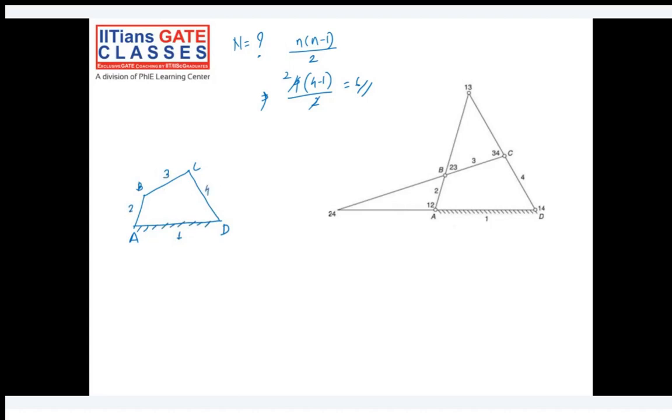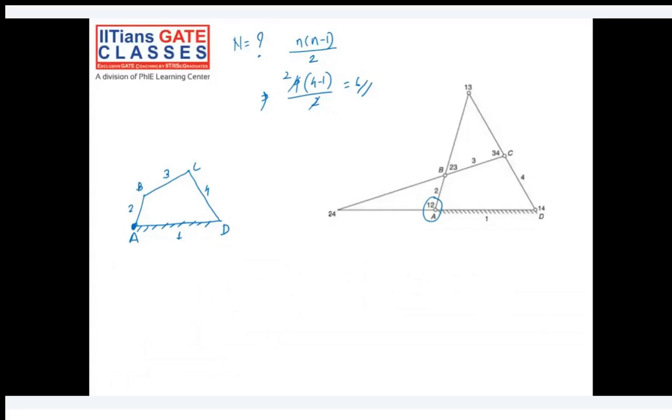Now we already have some I centers located here. So these 2, which are I center 1 2. What does it mean? It means it is a center of rotation, basically the point about which link 2 is rotating with respect to link 1.